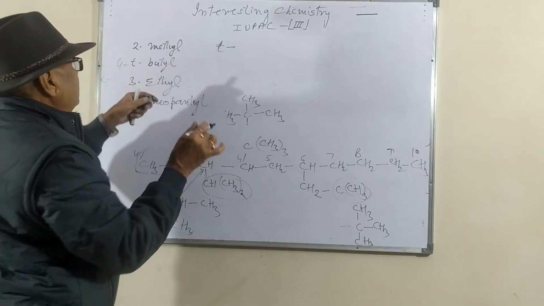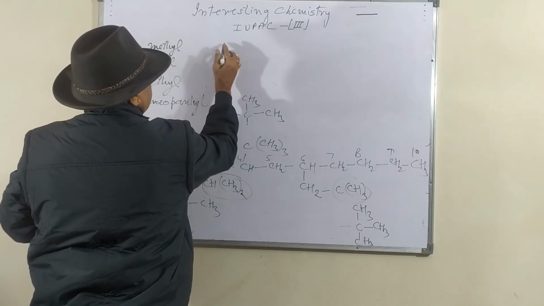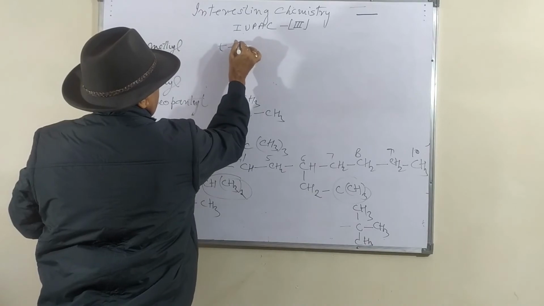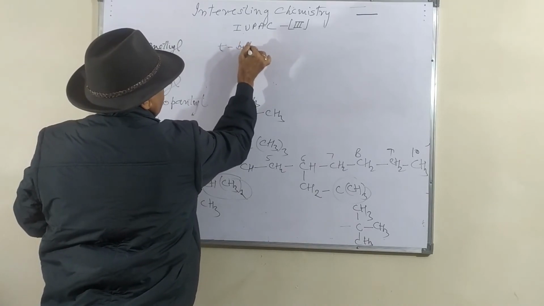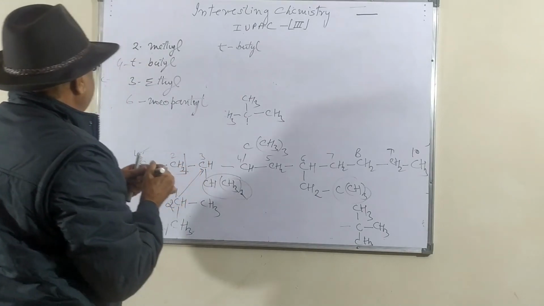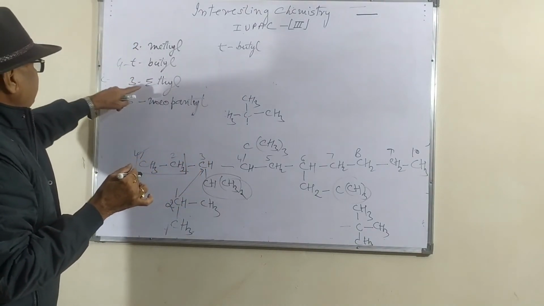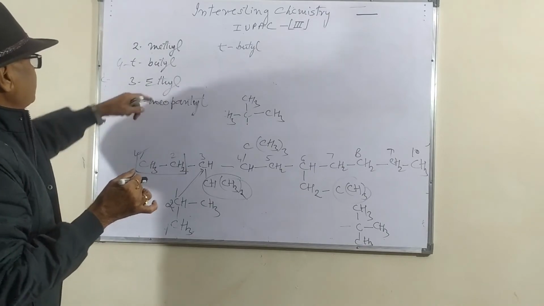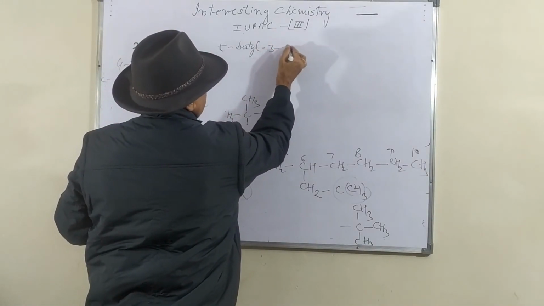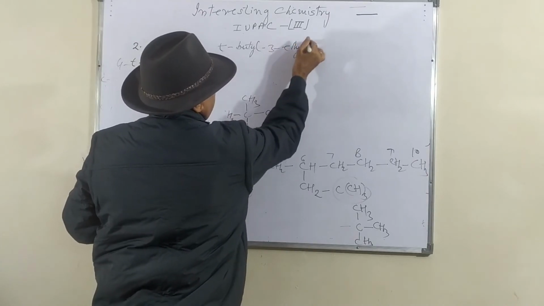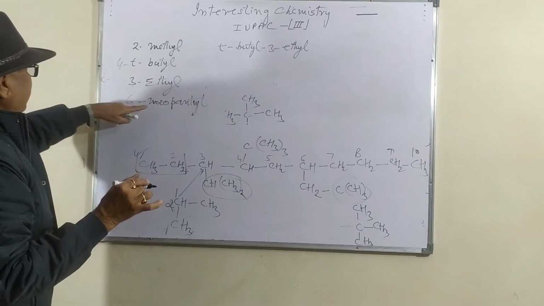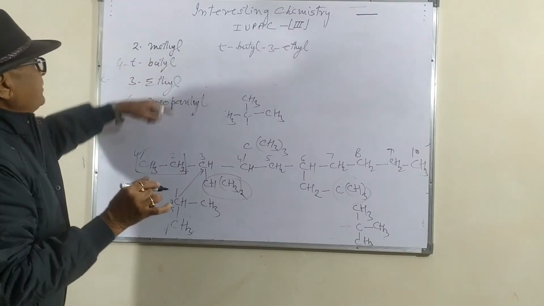So B will come first, and the name of this compound will be tertiary butyl. Then methyl and ethyl. Ethyl will come first, so 3-ethyl. Then the E and M, 2-methyl.